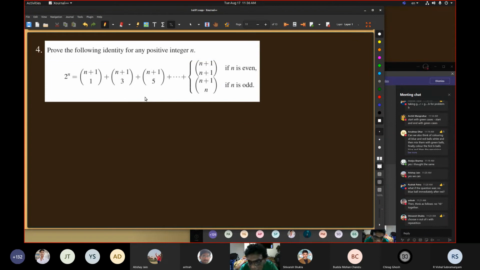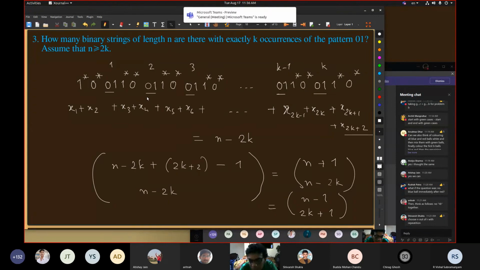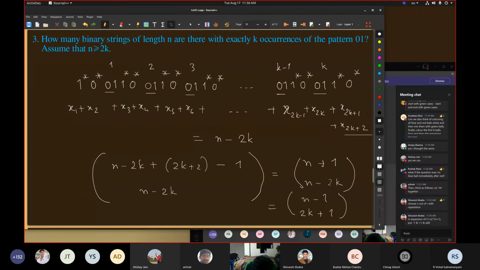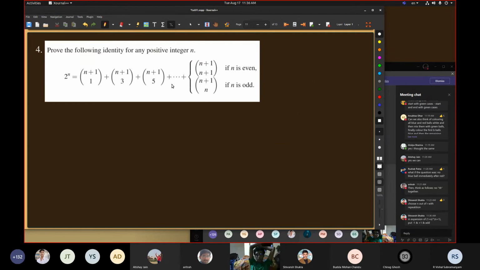Let us look at the solution once more. Oh, sorry. I have changed this plus to minus, so it should be n plus 1. So look at this final solution and this expression. Can you correlate these two? So sum of all the possible solutions for all values of k, so sum over all k.